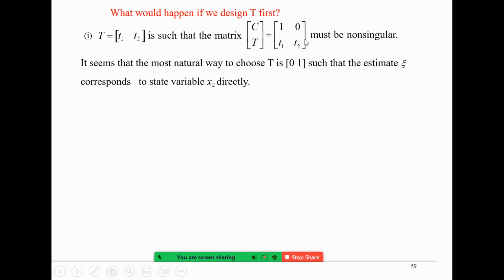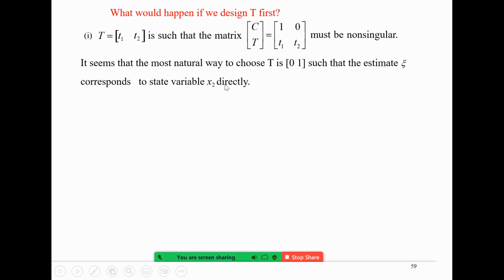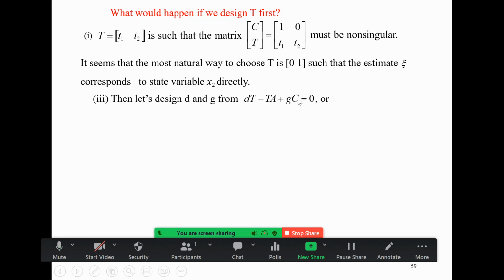In this way, the estimated state actually will correspond to state variable x2 directly. That is a very simple thinking, also a very direct way. So why don't we do it? Let's see what would happen if we do it this way, which means we design T first, and we choose the simplest design of T. So we already fixed T. T is 0, 1.